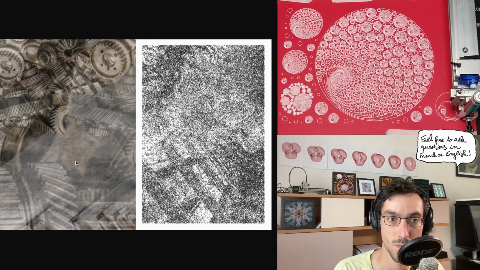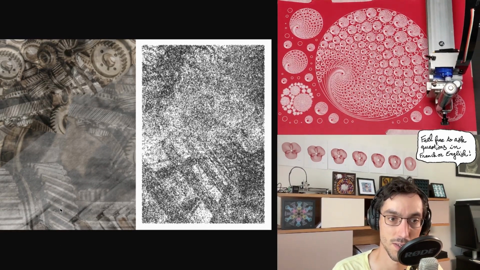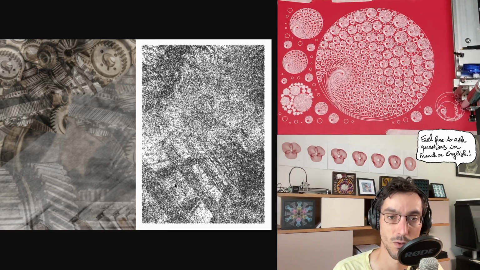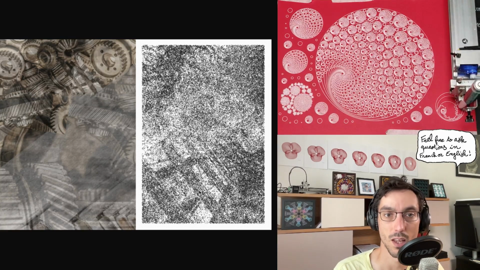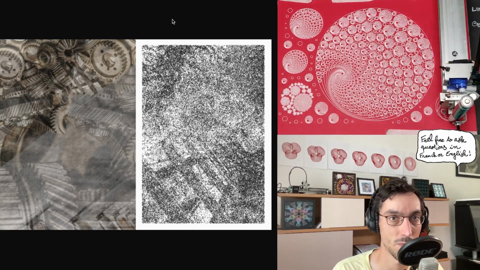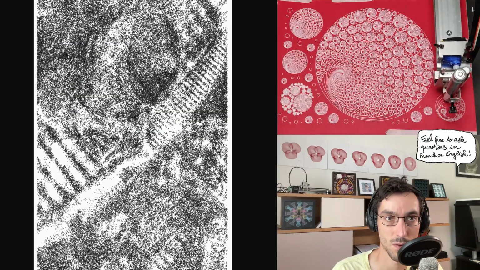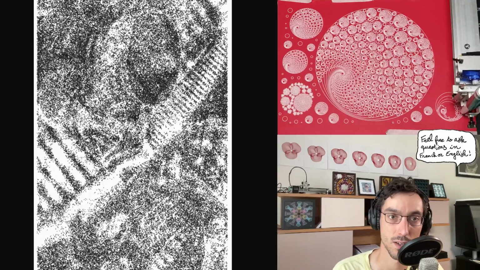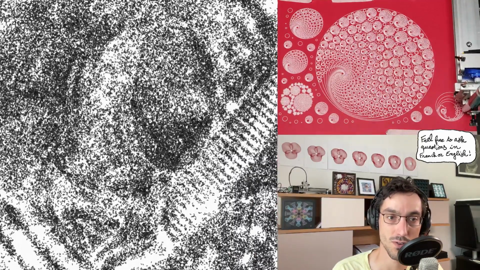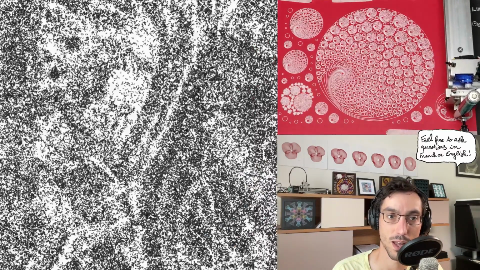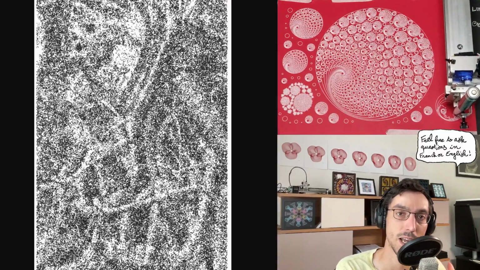Okay, we only see part of the image, sorry for that, but on the bottom here there is some kind of window, I don't remember what that was. We don't see the wheel at all anymore, but sometimes in a more zoomed version we will see that. And it's just a bunch of strokes. At the end it's very abstract, but you can recognize some shapes, which is what I like.